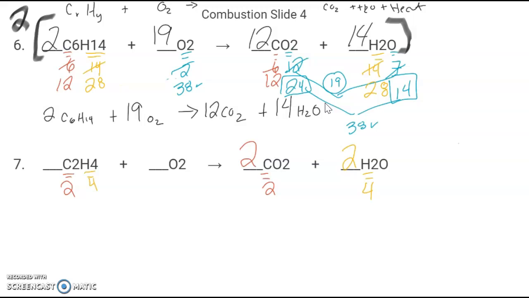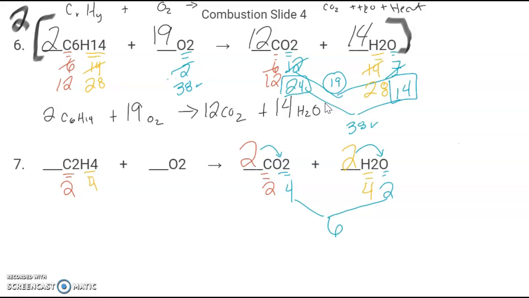And then lastly, we have our oxygen. Here on our CO2, we have 2 times 2, so we have 4 oxygen, and then we have 2 times 1 for 2 oxygen in our 2 water molecules. So 4 and 2 is going to be a total of 6 oxygen atoms on our product.